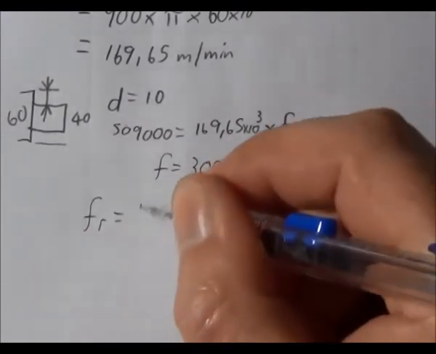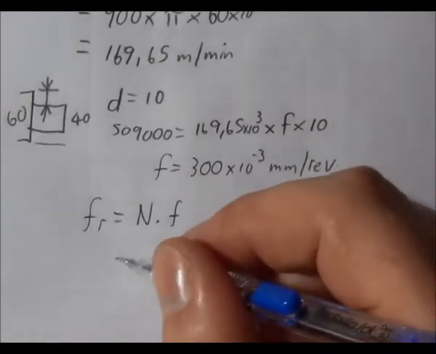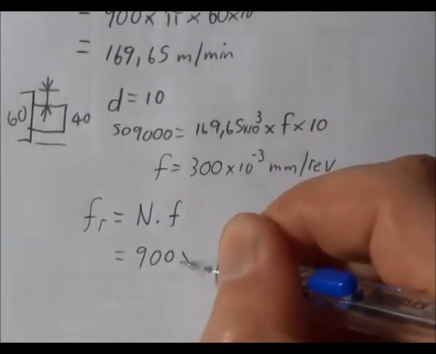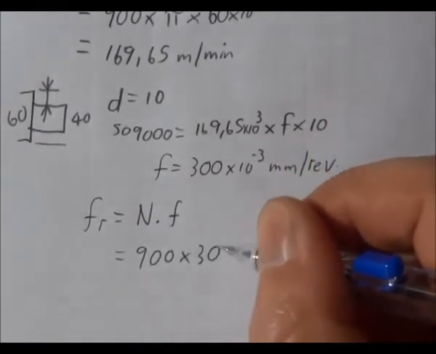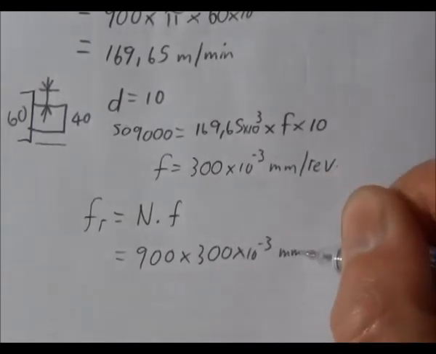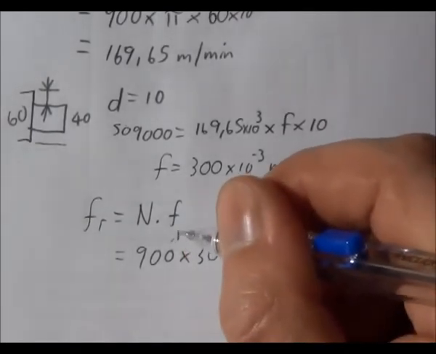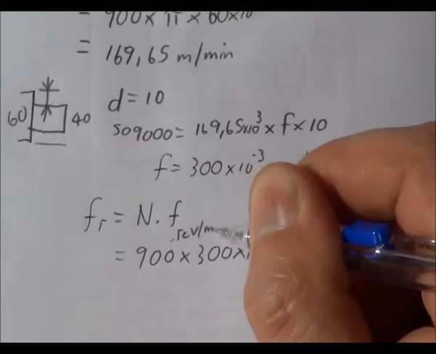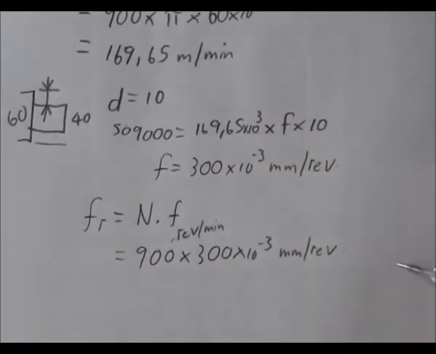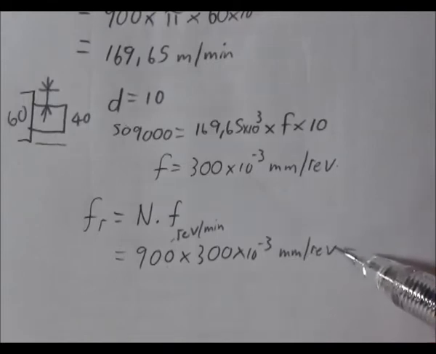Our feed rate is equal to our rotational speed times our feed, which is 900 times 300 times 10 to the minus 3. So this one is revolutions per minute, this one is distance per revolution.